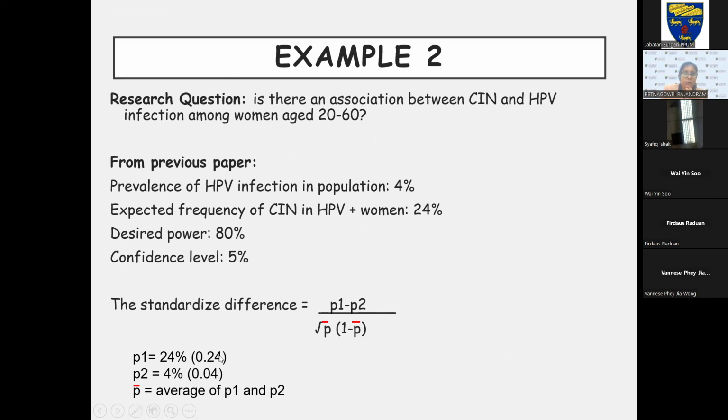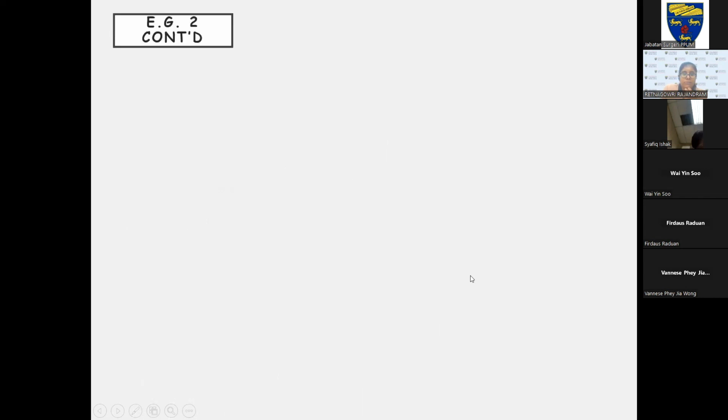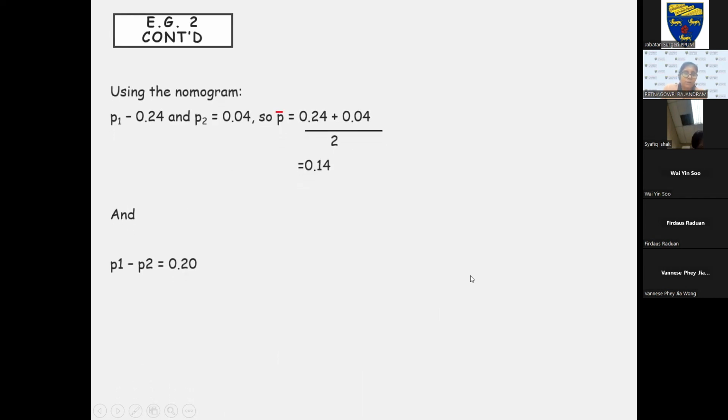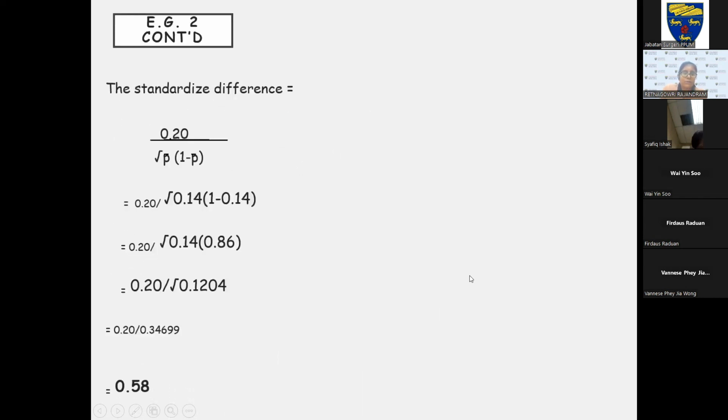Population 1 is the prevalence of the actual infection, and then what you expect is the other percentage. Keep in mind that when it's P with a line over it in this formula, it's the average of the two percentages. You do all the maths. I'm not going to go step by step through how you calculate it. The whole thing is done and it will come up with a standardized difference of 0.58.